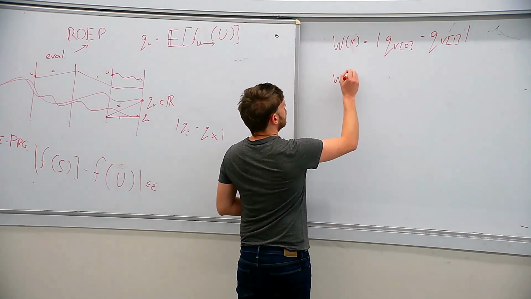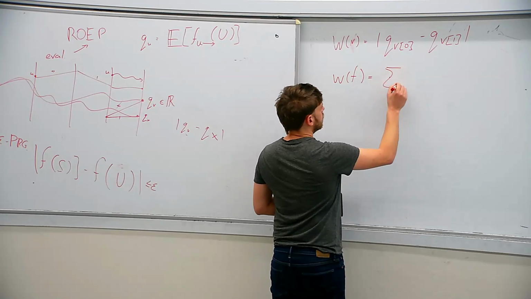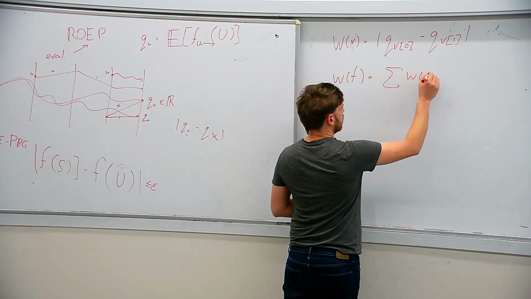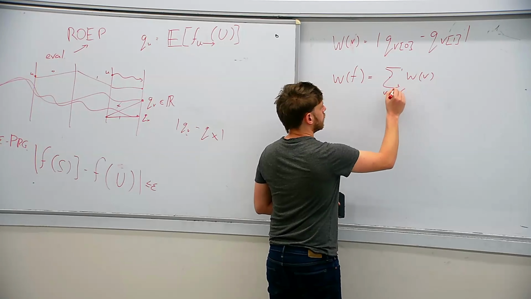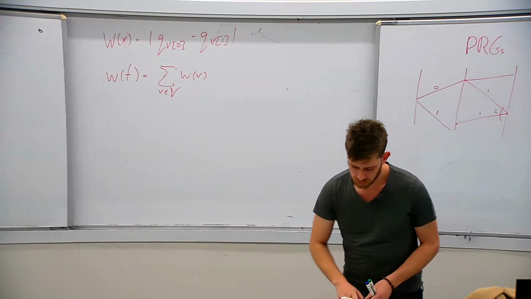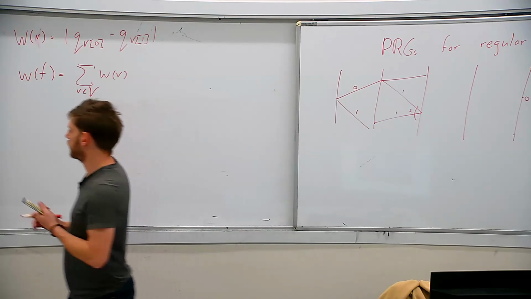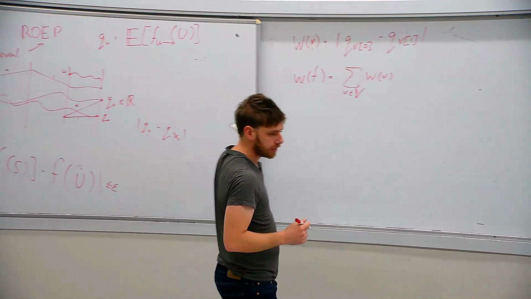And we define the weight of f as the sum of the weights of the vertices. Okay, so for warm up, let's prove a lemma about this model.